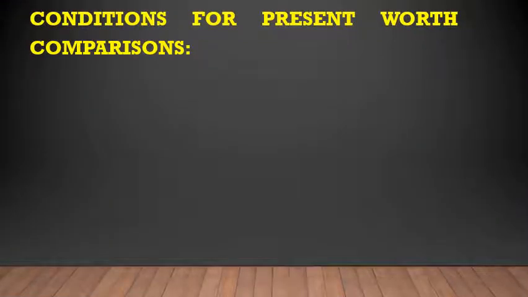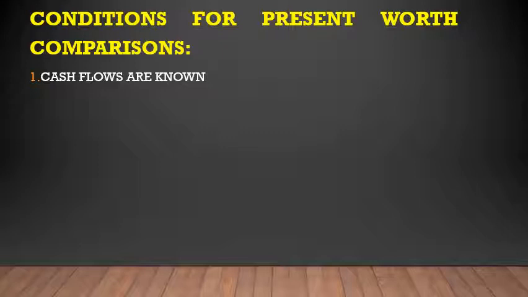Let us start with present worth comparison of alternatives. There are certain conditions to be satisfied. We need to make some assumptions before we proceed further. The first assumption is that the cash flows are known. Cash flows are known means there is no ambiguity in the cash flow.